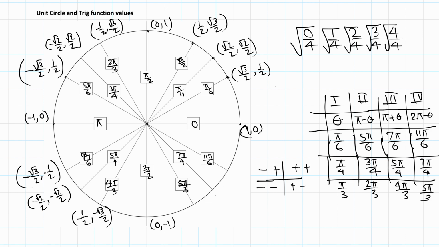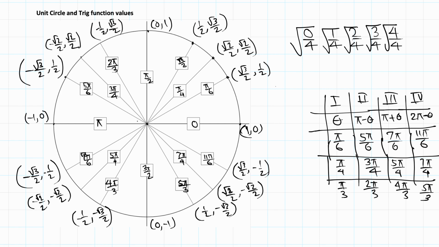And here, fourth quadrant, so move to the right, positive and negative. So this one is root 3 over 2, comma, minus 1/2. And this one is root 2 over 2, minus root 2 over 2. This one is 1/2, minus root 3 over 2. So we got all up to 2 pi. 2 pi is 360, back to 0, right?